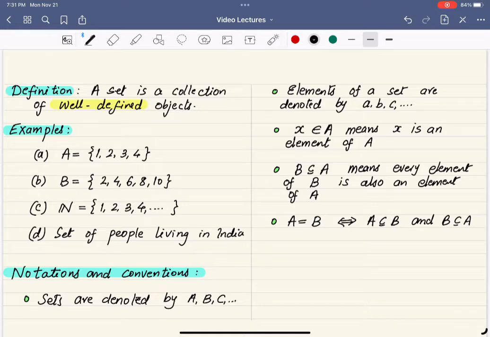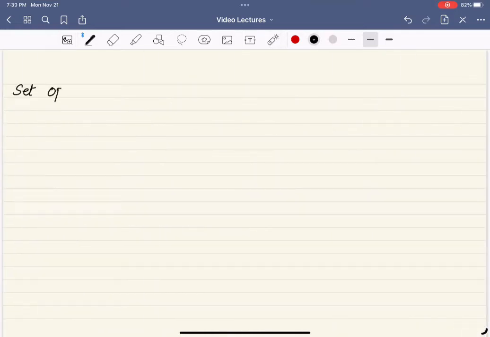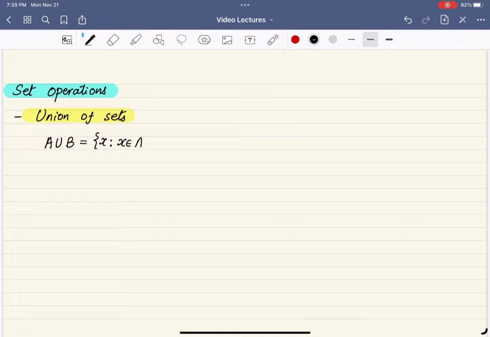Very well. So let's get started with the next thing, set operations, union of two sets. Now given two sets A and B, their union is the set of all the elements that are in A or in B. So they can lie in any one of A or B. Here's an example.